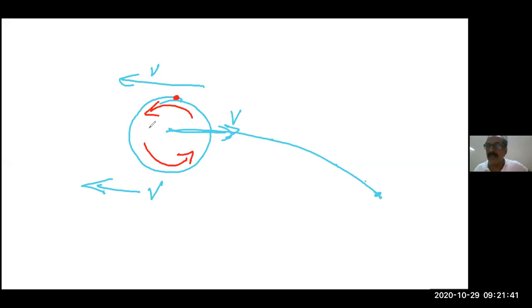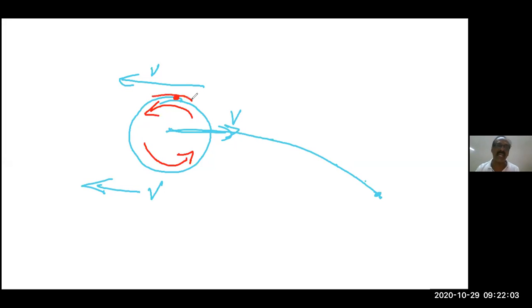Viscosity. When we take any rod, keep it in water and rotate it, the water layer in contact with the rod will rotate faster, right? The water layer which is far will go slower. So here also, when this is spinning, the air layer which is in contact with this ball will also spin like this.